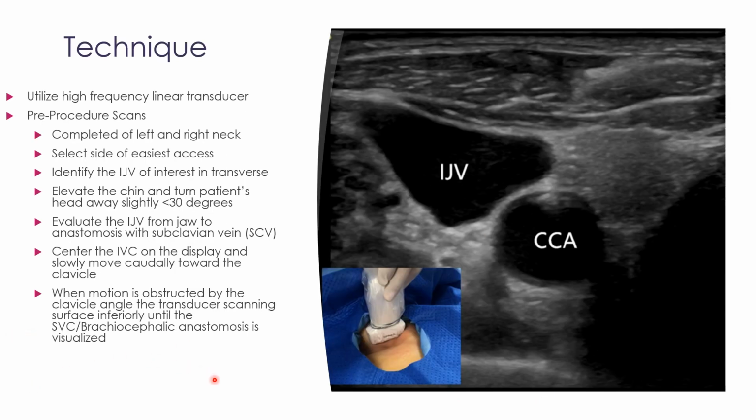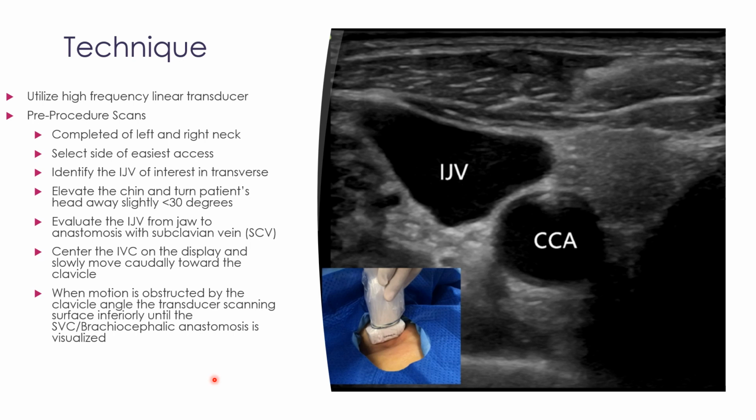Okay, so now the technique to the approach. So for all of the neck, especially the internal jugular vein catheter placements, you're typically going to have a very low depth. And so you're going to want to utilize a high frequency linear transducer, usually somewhere between an 8 and a 12.